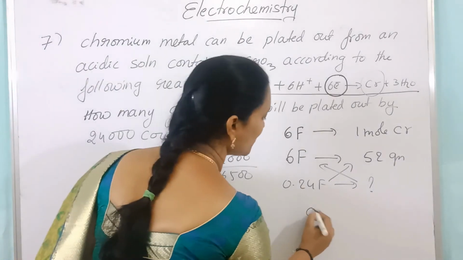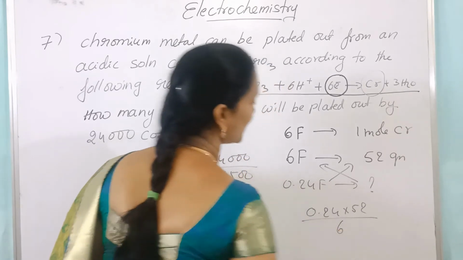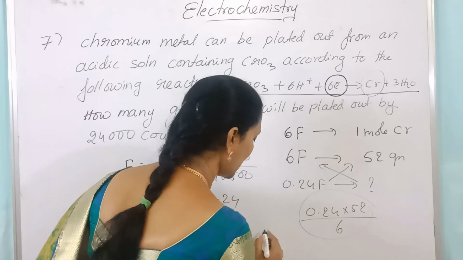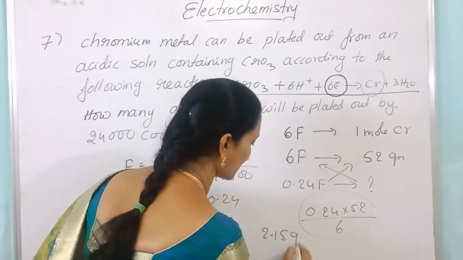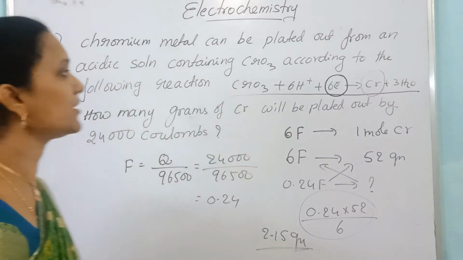It is equal to 0.24 into 52 by 6. Simplify this one, you will get nearly 2.15 grams. So the mass of chromium deposited is equal to 2.15 grams.